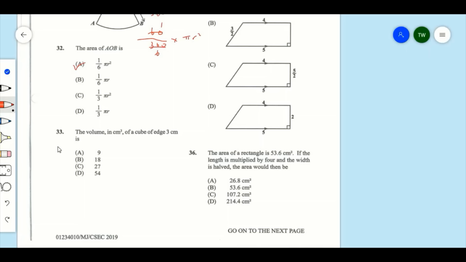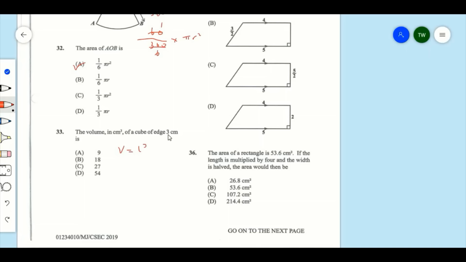Item 33. The volume in cubic centimeters of a cube of edge 3 centimeters is, now one thing about a cube, all the edges are the same, they are equal. So the volume is going to equal length cubed.